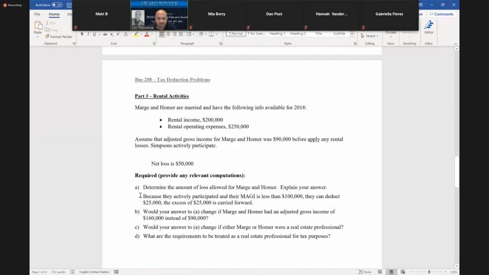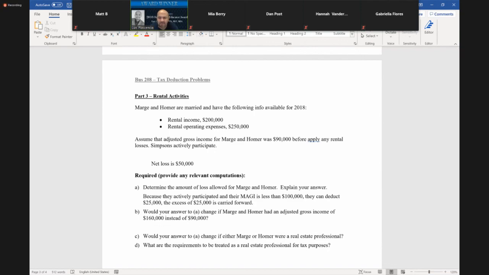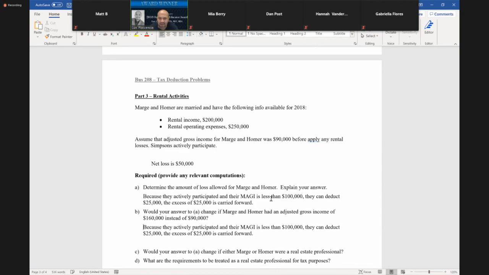Okay, let's do letter B. Would your answer change if their MAGI was 160? What do you guys think? Because they actively participate and their MAGI is more than that, none of it is deductible. Yeah, none of it is deductible. The entire $50,000 loss is carried forward. Good point.